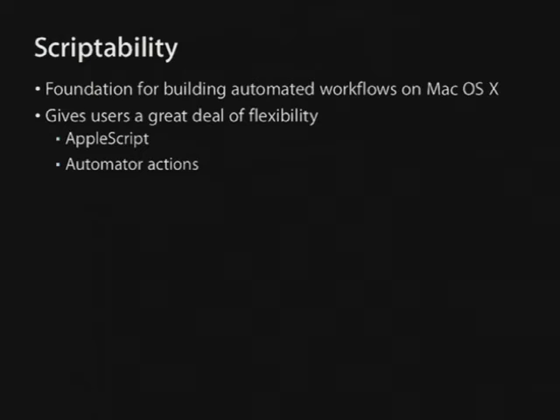When you make your application scriptable, that also forms the basis for you to provide Automator actions so that users of Automator can build higher level automated workflows. And with the Apple Event Bridge, you can use not only AppleScript as a language, but Ruby or Python or even a compiled language like Objective-C.